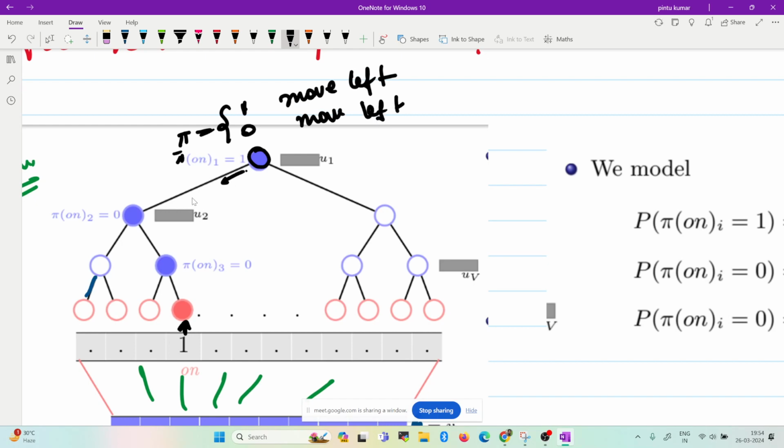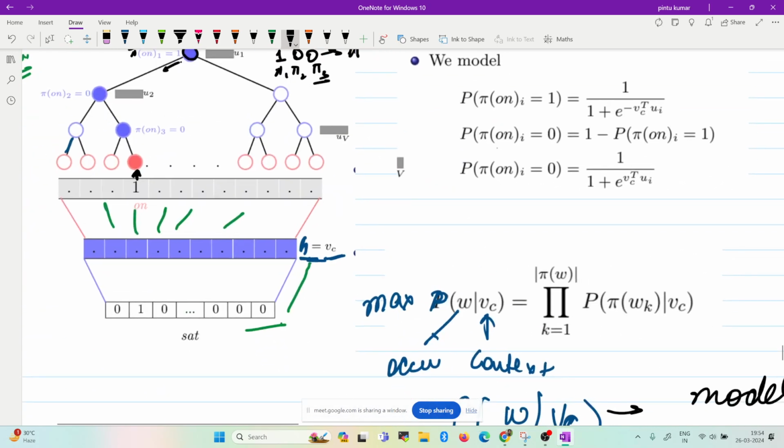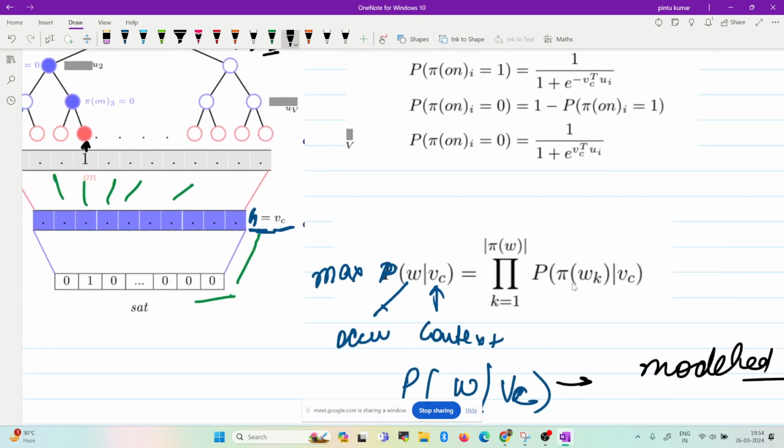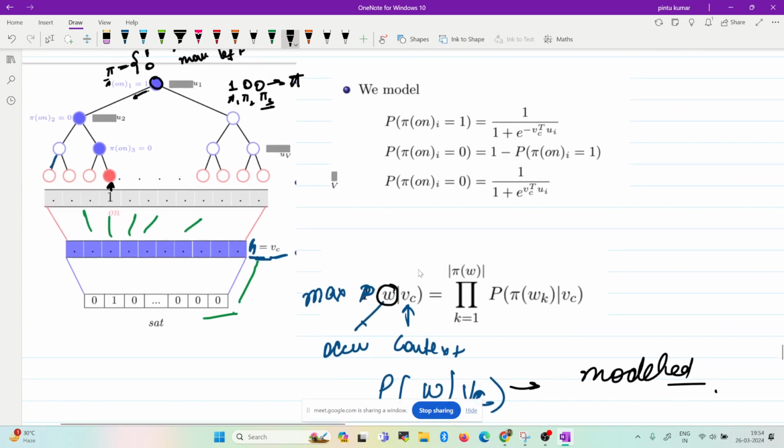So if you want to reach from here to here, then your pi would be defined something like a binary sequence. It would be something like 1, 0, 0. Let's say if you want to reach here. Okay, so this is pi 1, this is pi 2, this is pi 3. These are all the components of the pi vector. Okay, this is how your pi looks. Okay, so this probability of this word, now because every word w over here has a unique pi representation.